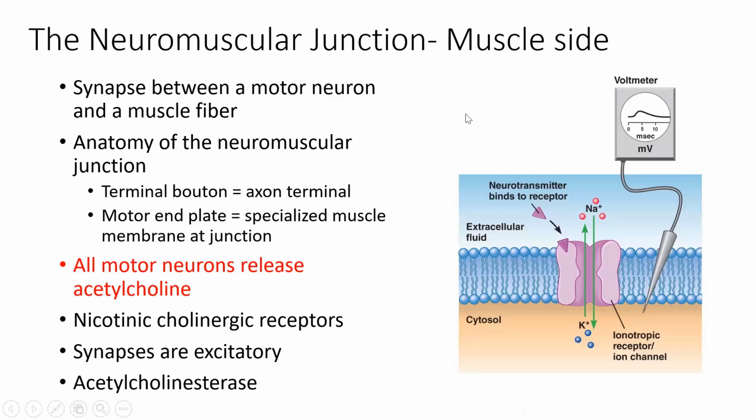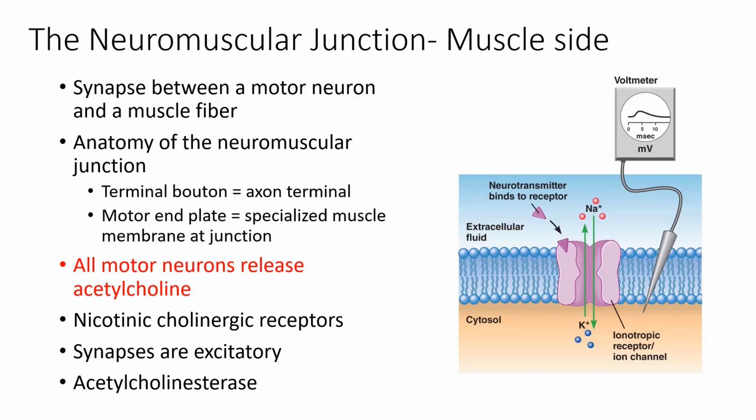Okay, so going a little bit further here and adding some more detail, we see synapsing between a motor neuron and a muscle fiber. The region of that synaptic communication is called the neuromuscular junction. We have some unique terminology for the neuromuscular junction. The axon terminal here is called the terminal bouton. In other words, that bulb-like ending of the motor neuron, we can refer to as the terminal bouton.